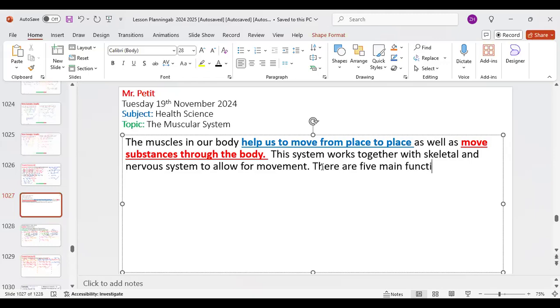There are 5 main functions of this system. Number 1. What is that organ that beats and never stops? The heart.